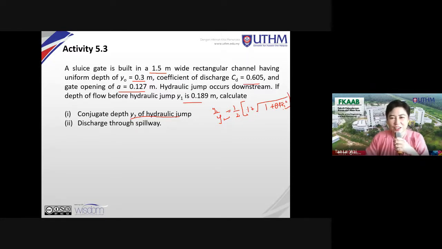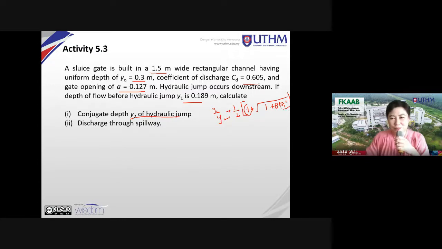I think I might have some error in this formula. Now you can calculate your depth y2 using this conjugate depth equation.